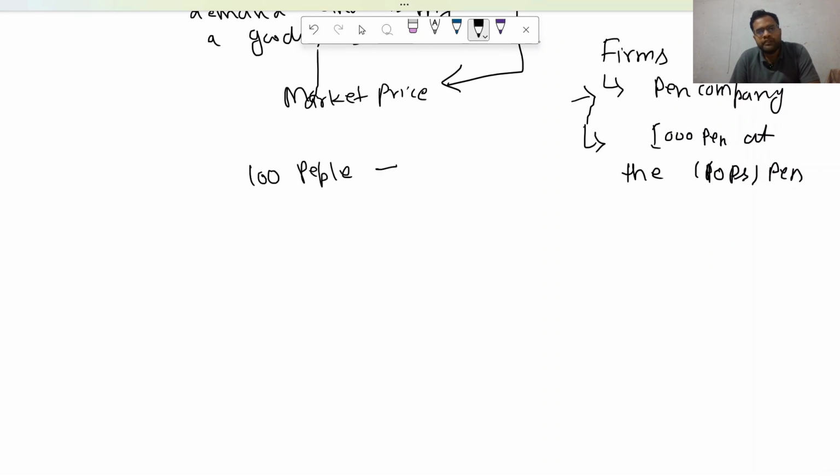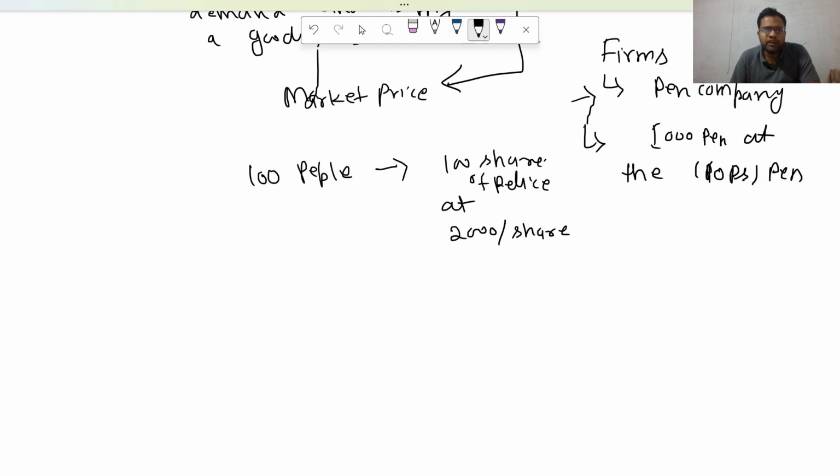who are willing to buy, let's say, 100 shares of Reliance. You can choose anything here. For example, at the rupees of 2000 per share.